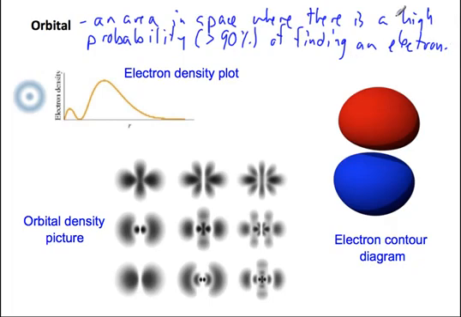So basically all this means is that an orbital is that three-dimensional space outside of the nucleus where you're going to find the electrons for the most part.